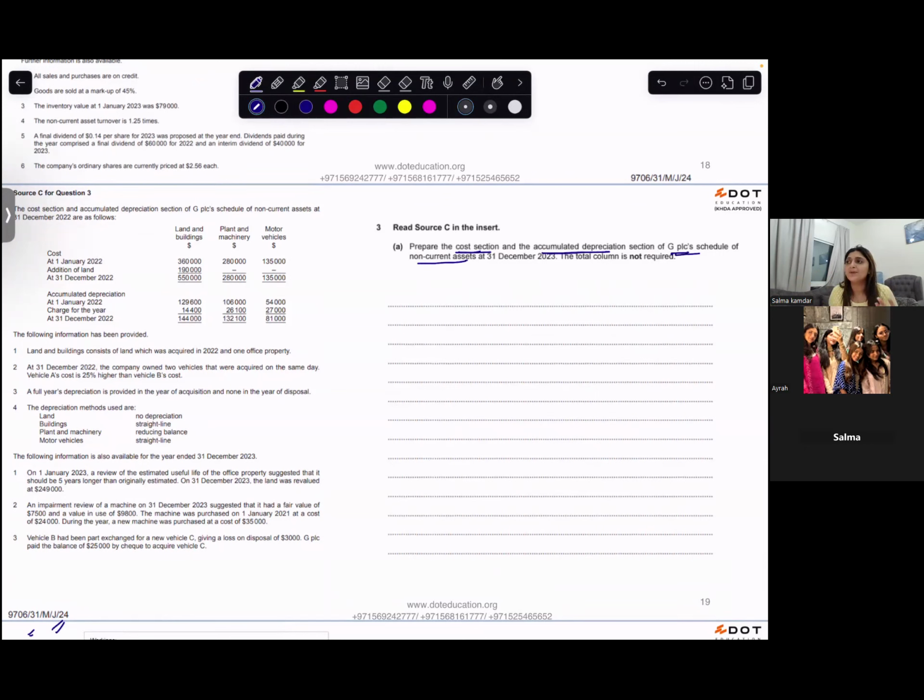When I'm talking about the schedule of non-current assets, our non-current assets are divided into two parts. The first part is the cost part and the second part is the accumulated depreciation part.